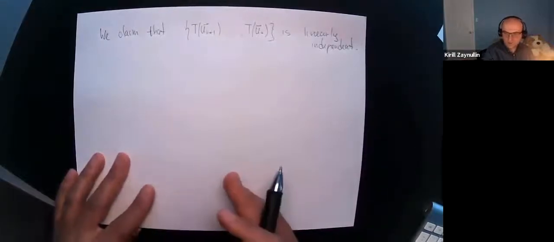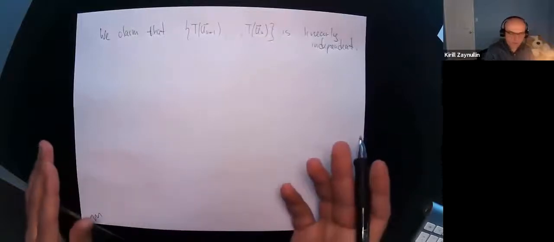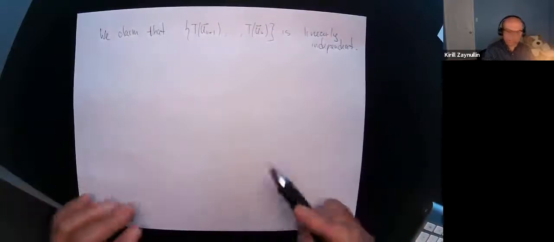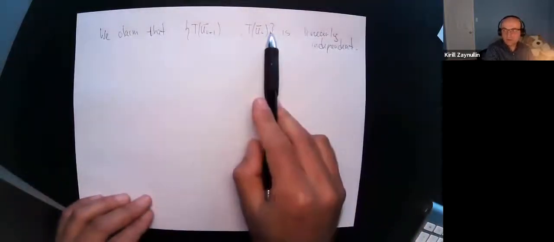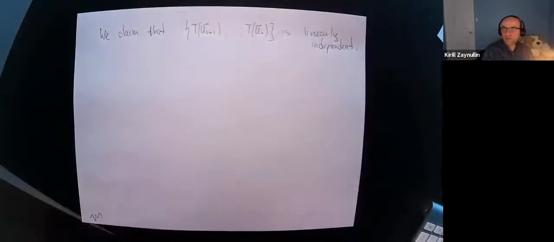So why is it so? Well, let's just use the standard criterion. Let's form a linear combination of those vectors, set it to be 0, and check whether this can happen only when all the coefficients are zeros.